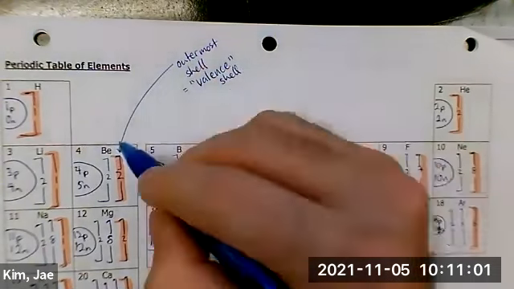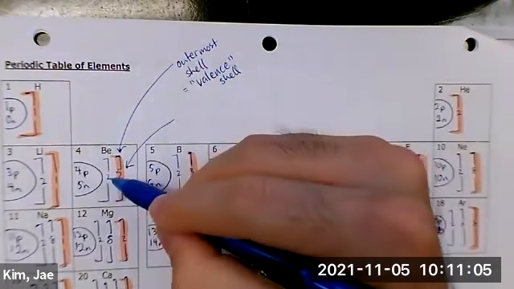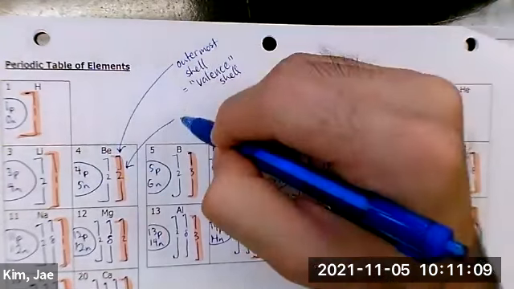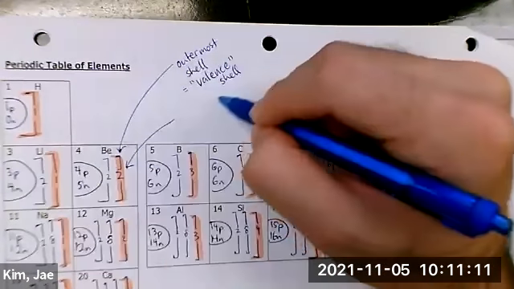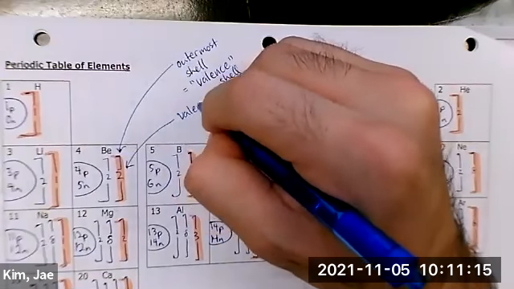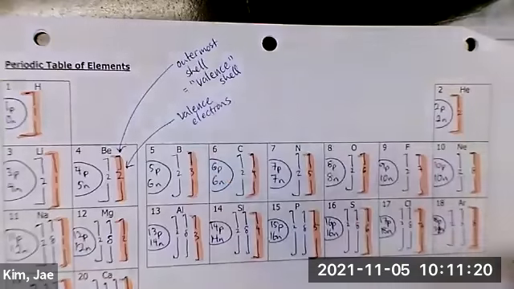V-A-L-E-N-C-E. And the number of electrons that we see, in this case, that would be 2. In that case, that would be 3. In that case, that would be 4. Those are electrons that are found in the valence shell. We call them valence electrons. So creative, right? Valence electrons.